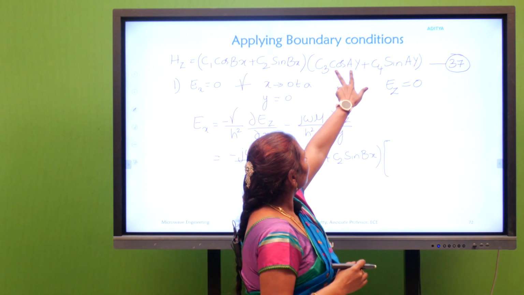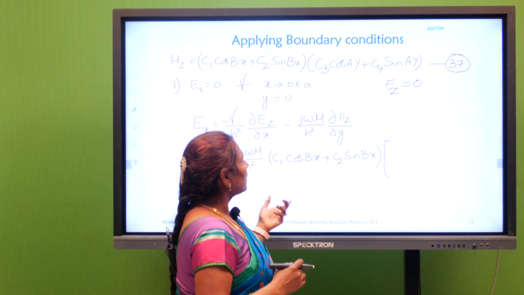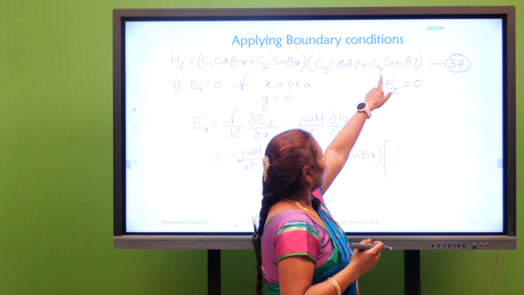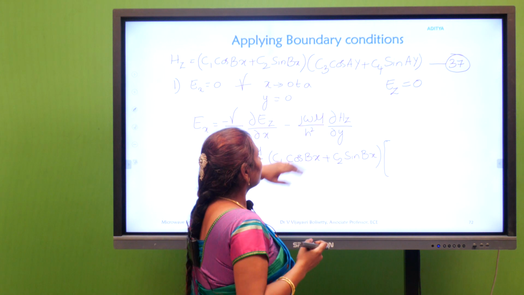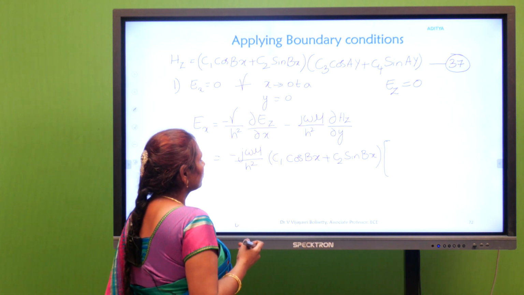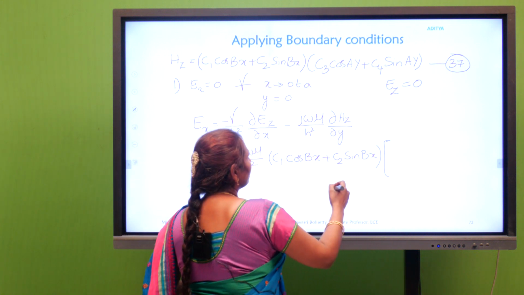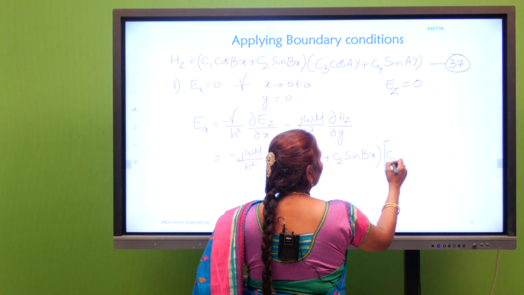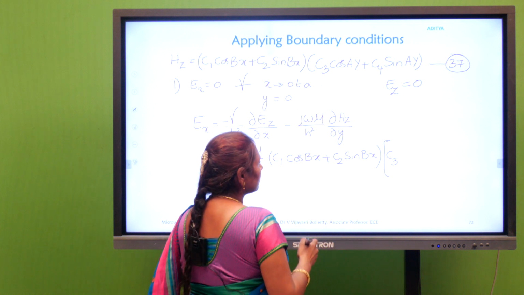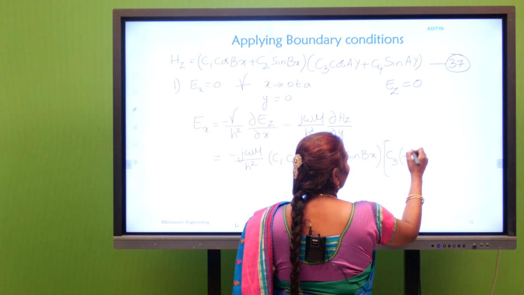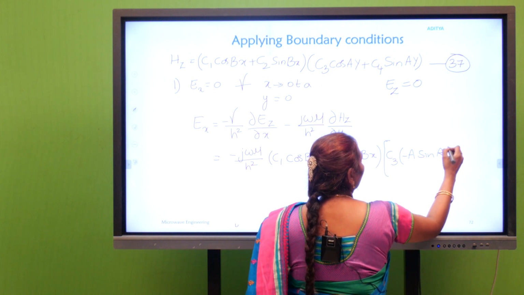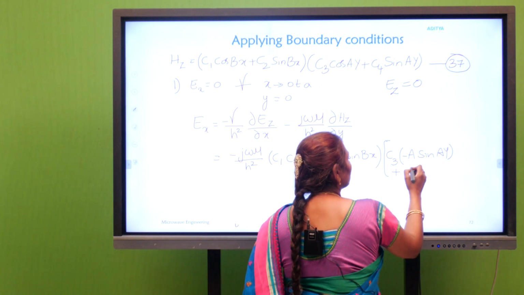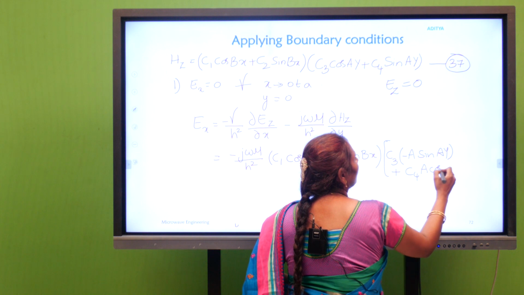So first we differentiate: C3 into the differentiation of the cos function, that is minus a sin ay, plus C4 into the differentiation of the sine function, that is C4 a cos ay.